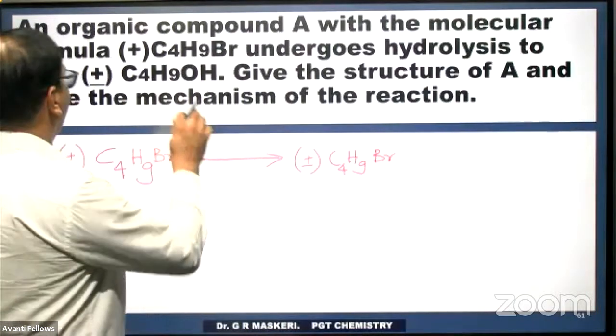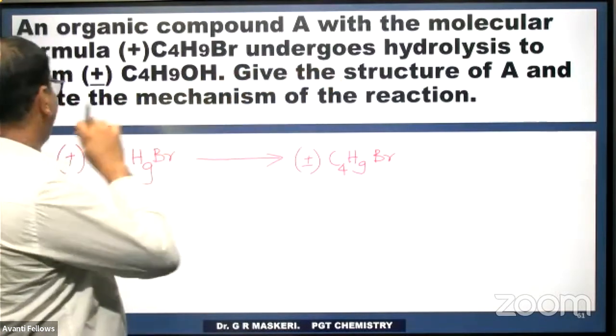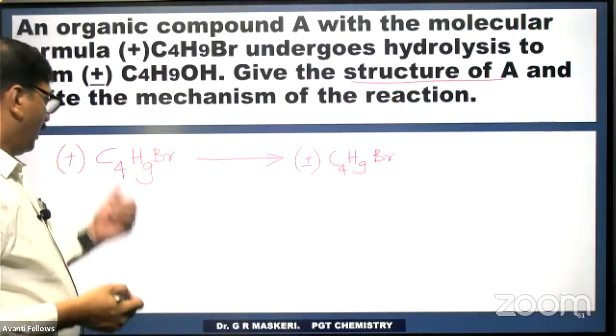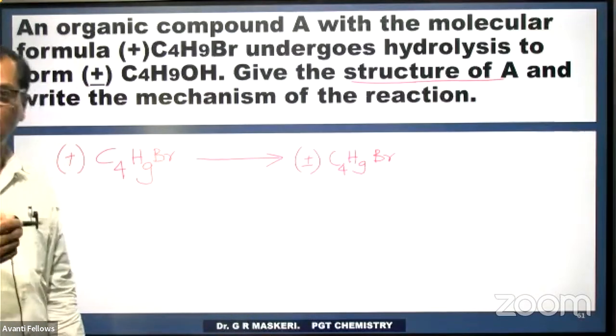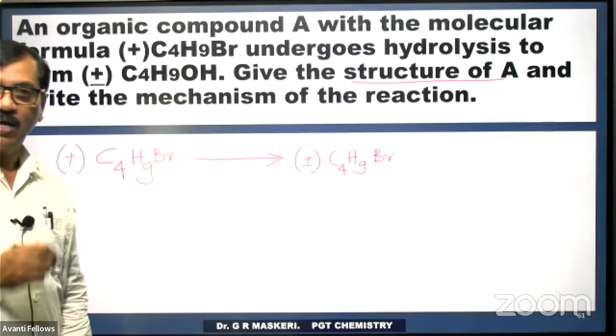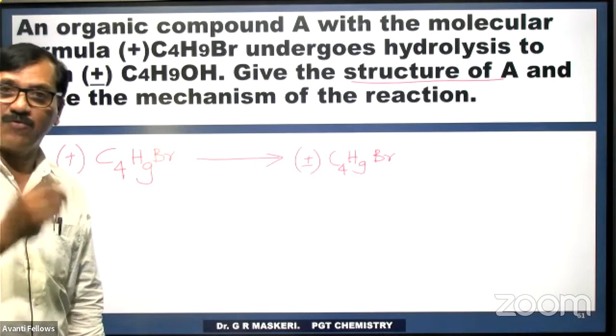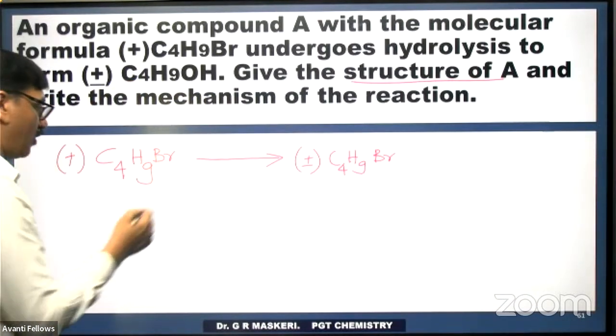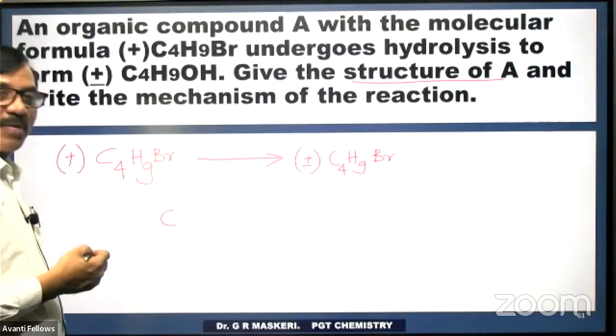But again, the structure of A is asked. If plus is being written, it should be optically active. An optically active compound should have 4 different substituents, and it has 4 carbon atoms. Therefore, how should the guess be made?